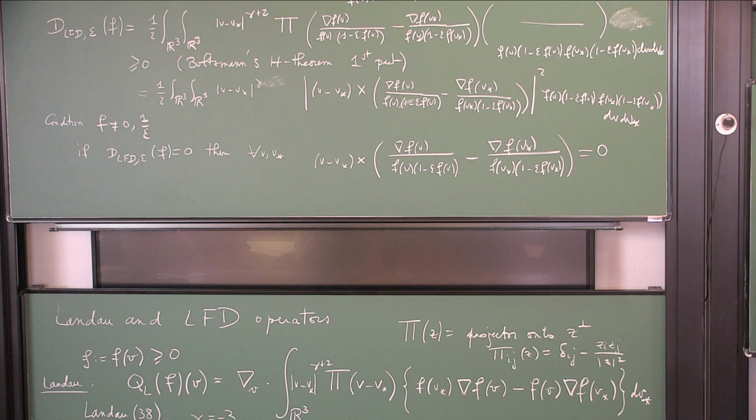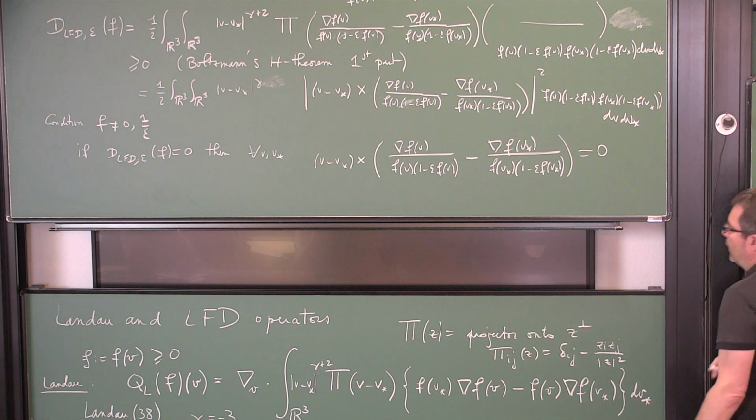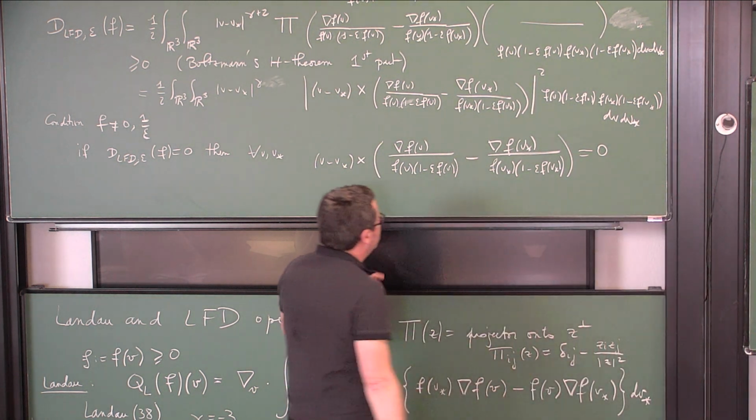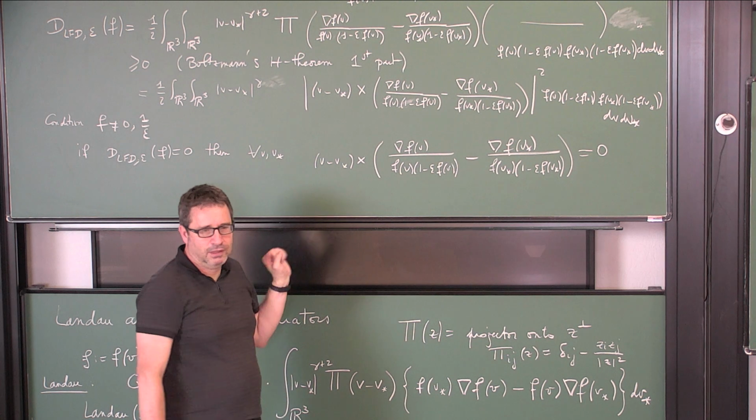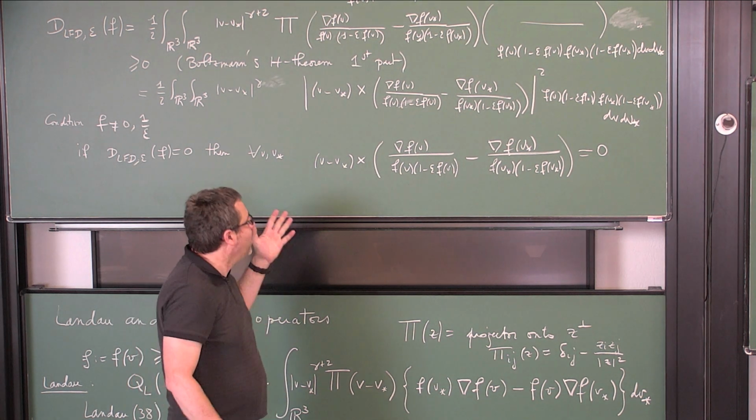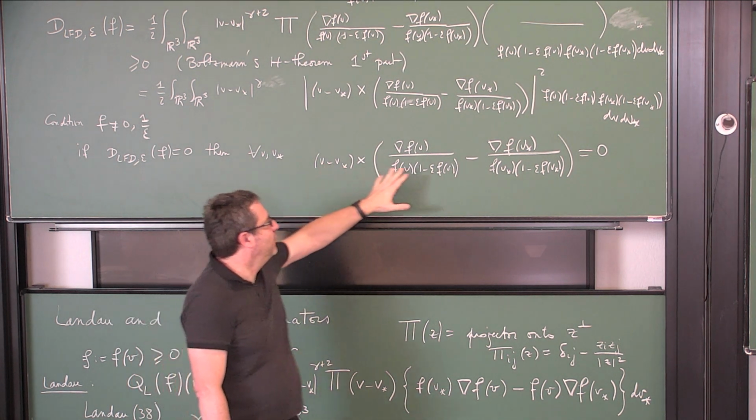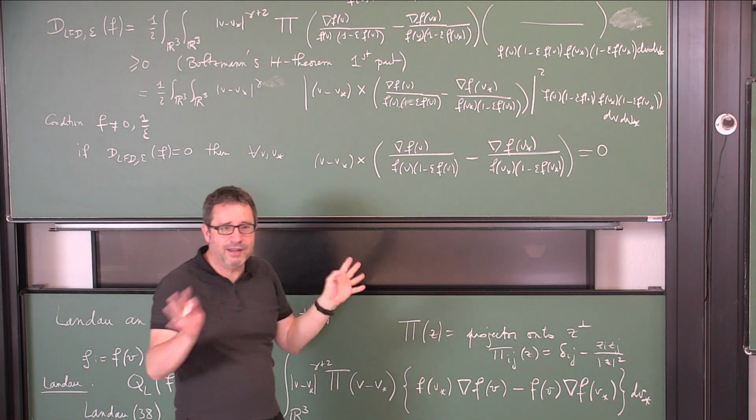Let me rewrite this using coordinates. Okay. So the point is actually, the thing to do for once is not to keep this sort of factorized version, but to expand everything.